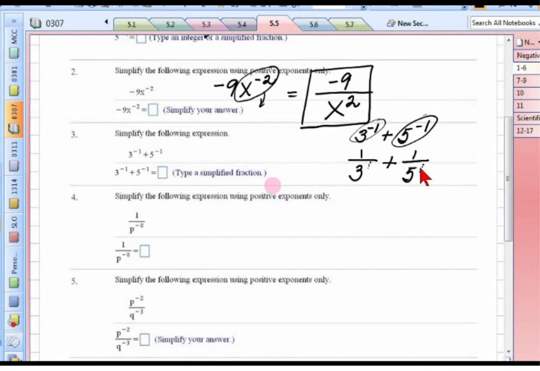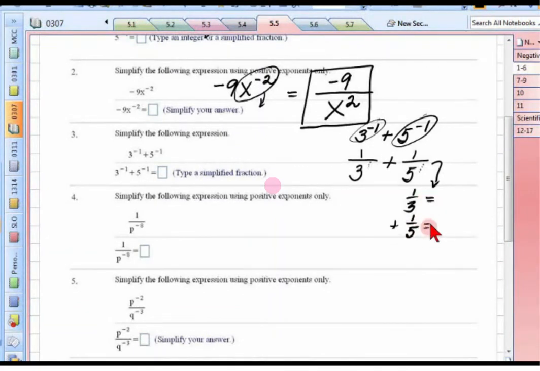What do you have to have to add two fractions together? A common denominator. So I'm going to do this problem right down here. I have 1/3 plus 1/5.